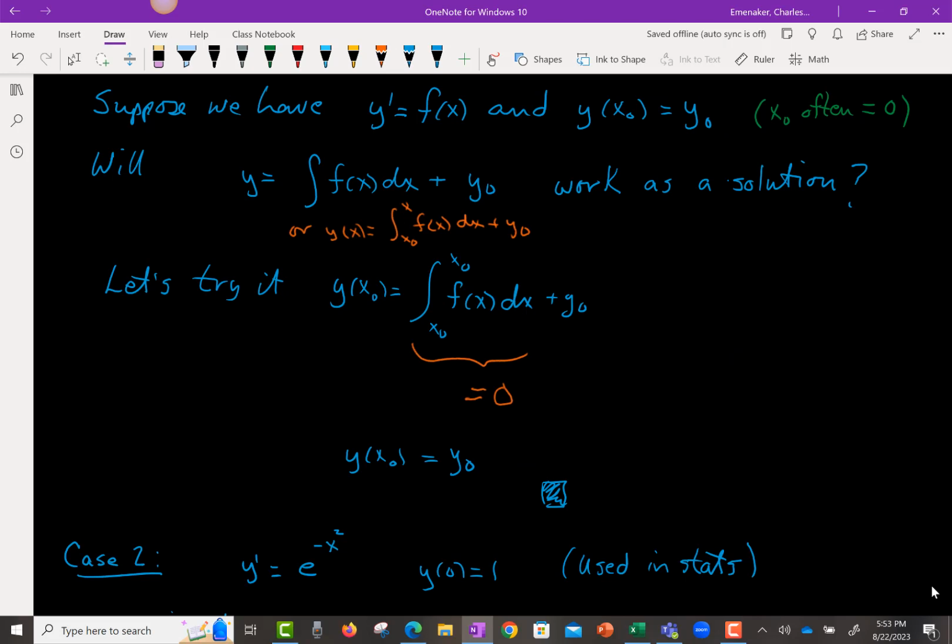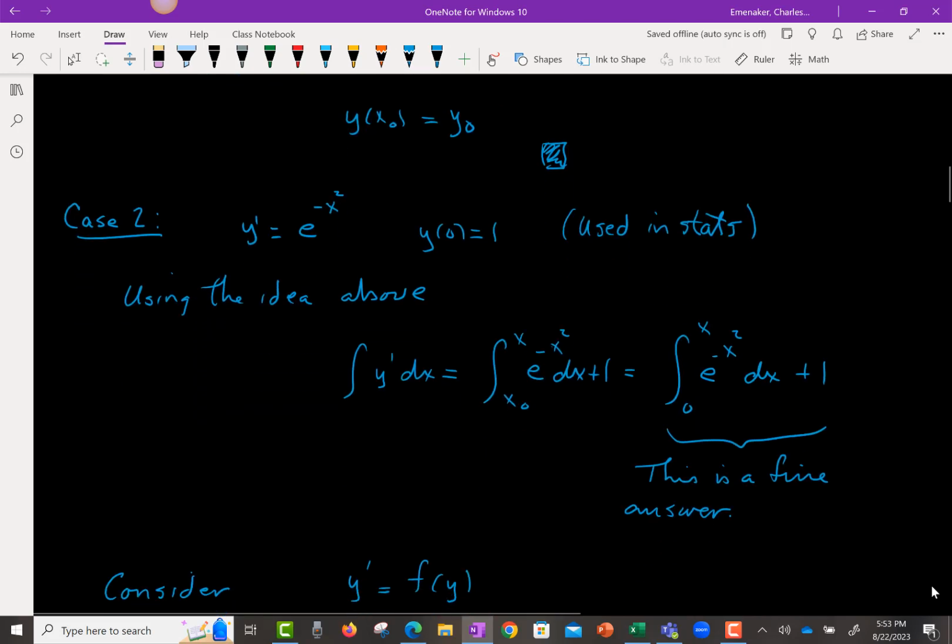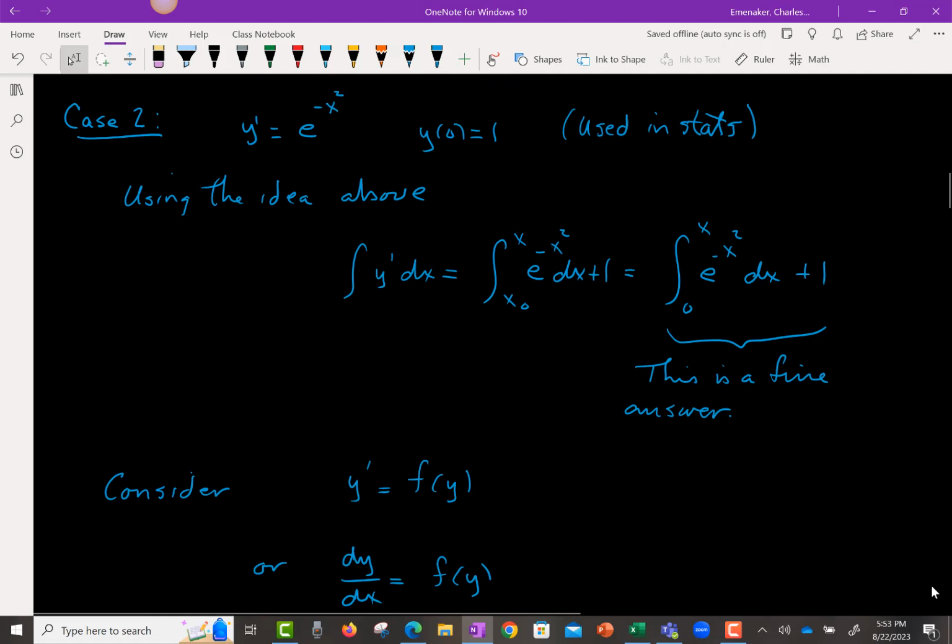Okay, so with that in mind, let's take a look at something like this. Let's say we have y prime is equal to e to the negative x squared, and we're given an initial condition of y of 0 equals 1. This means that when the x value is 0, the y value is 1. You may recognize this e to the minus x squared.